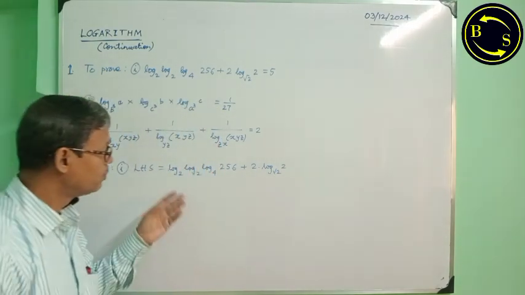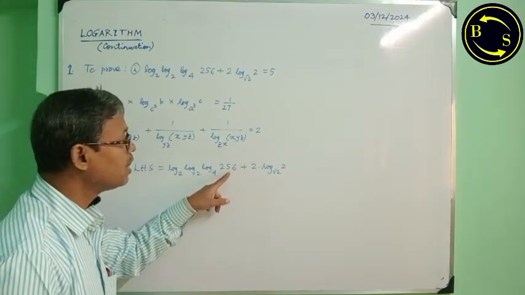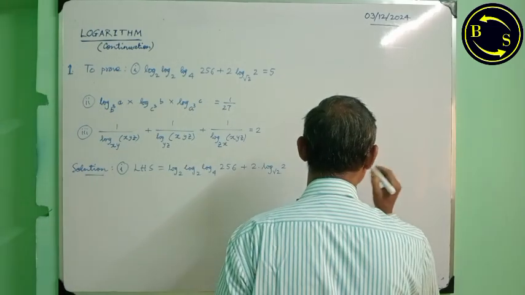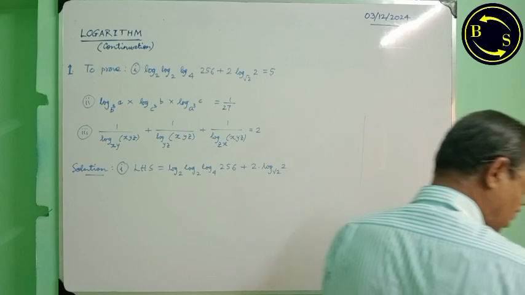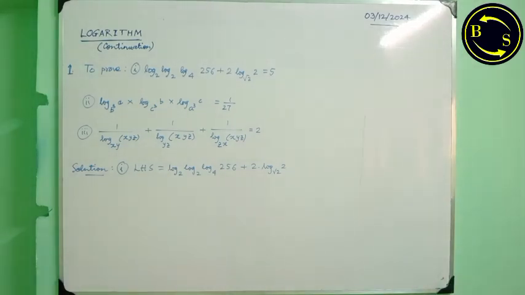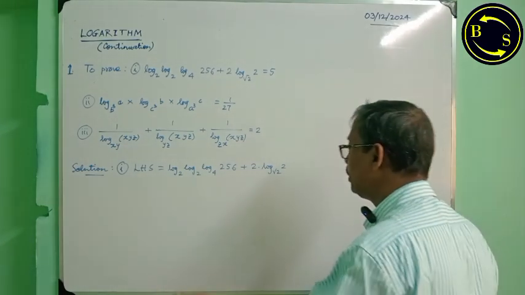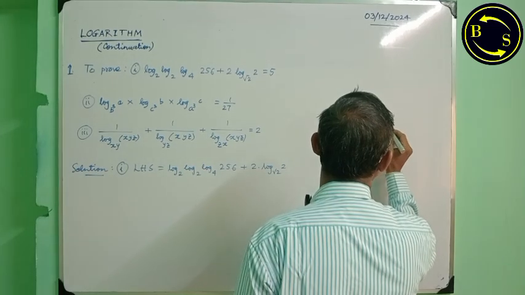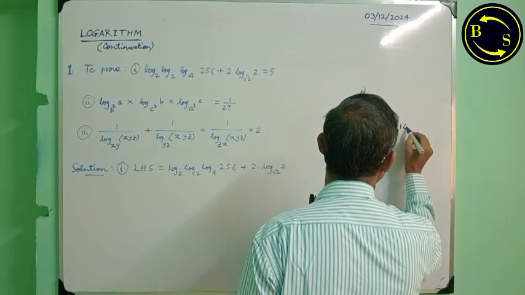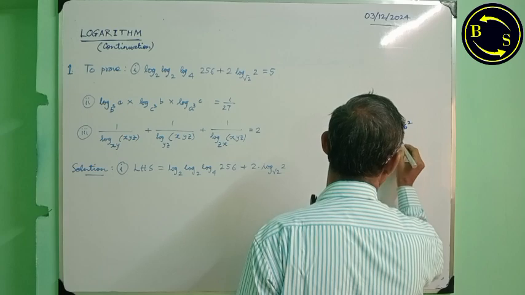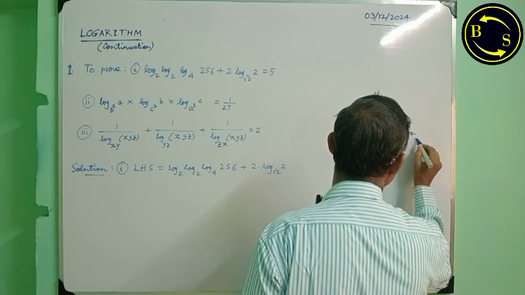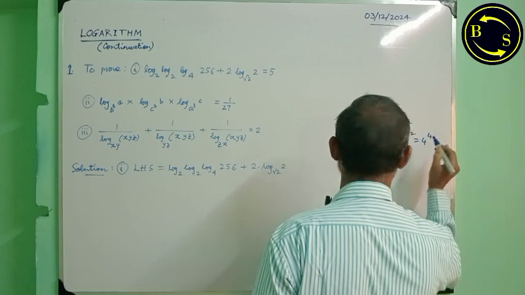First of all, we note 256 is there. On the right side first find the factors of 256. Already we know 256 is equal to 16 square, that is 4 square whole square, that is 4 to the power 4.